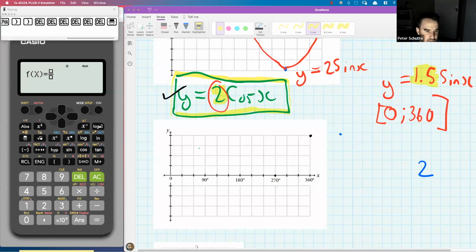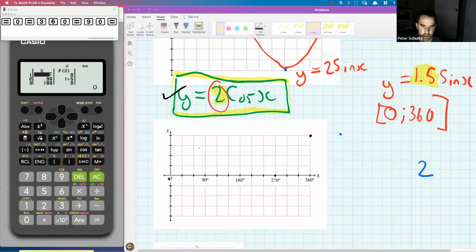I'm going to make it 3/2 because 3/2 is the same thing. So 3/2, and then sine alpha x, and we go equals. Now you can ignore this, so you just go equals again. We start at 0. We end at 360, and the step size is still going to be 90.